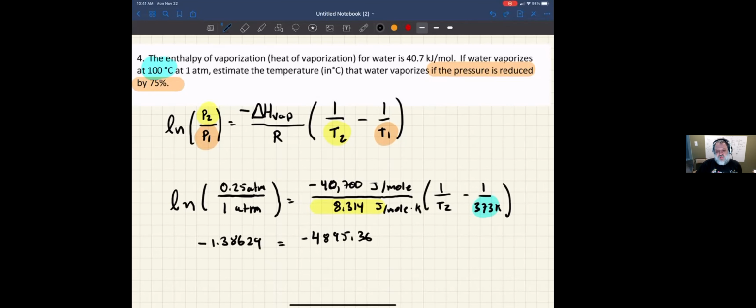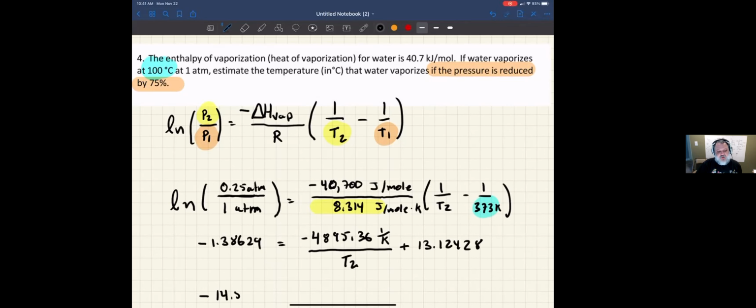I'm going to go ahead and run that through the parentheses. So that's over T2, and then I'm going to divide 4895.36 by 373. I get plus, because negative times a negative is a positive, 13.12428.